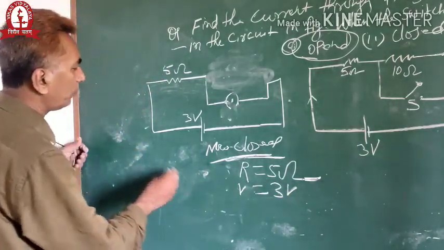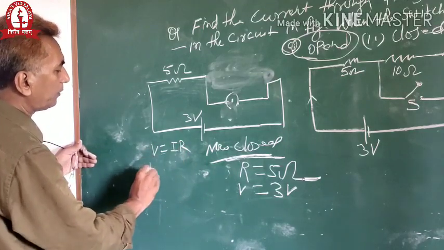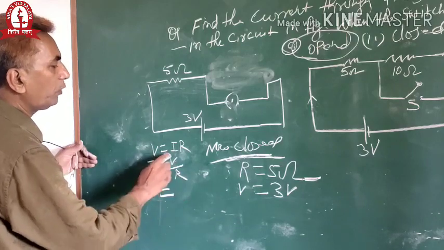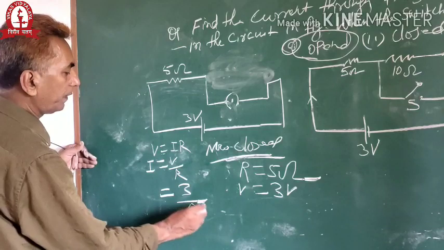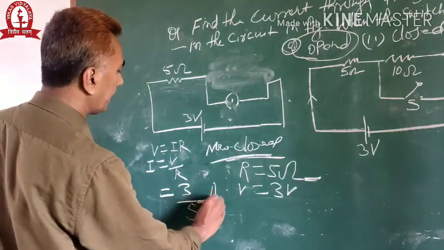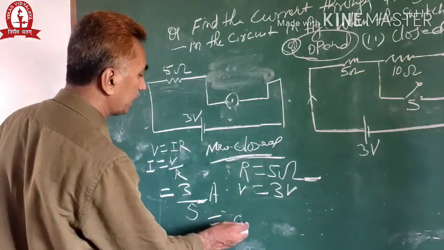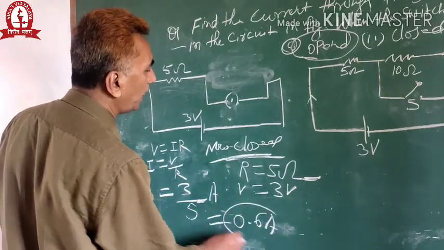Now you know from Ohm's law V is equal to I into R. I have to calculate I, so I is equal to V upon R. Put the value of V: 3 upon R, which is 5. So this would be equal to, very simple, 0.6 ampere. This is your answer.